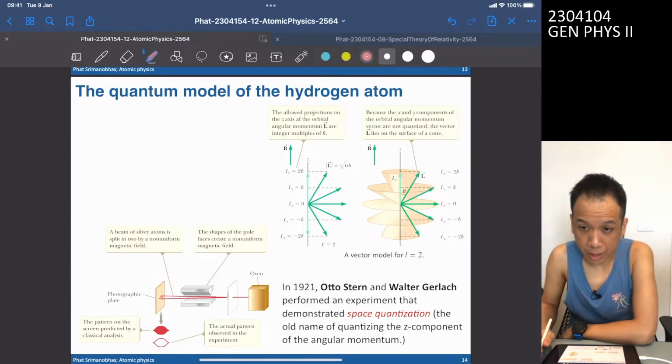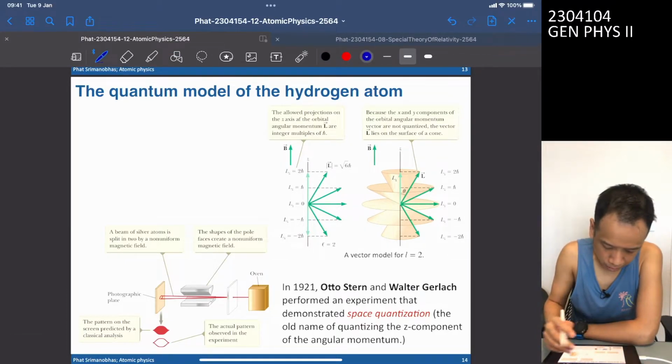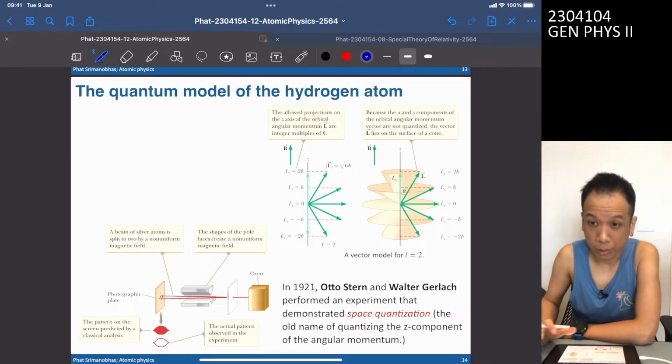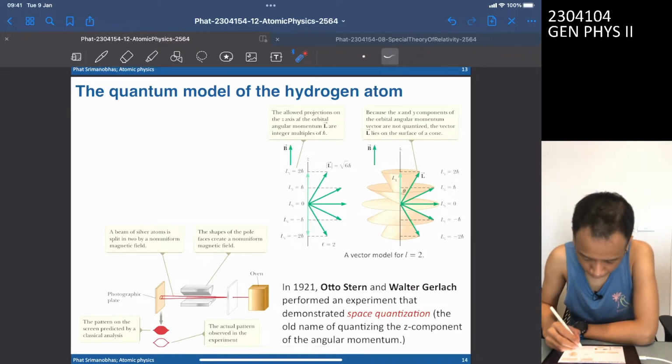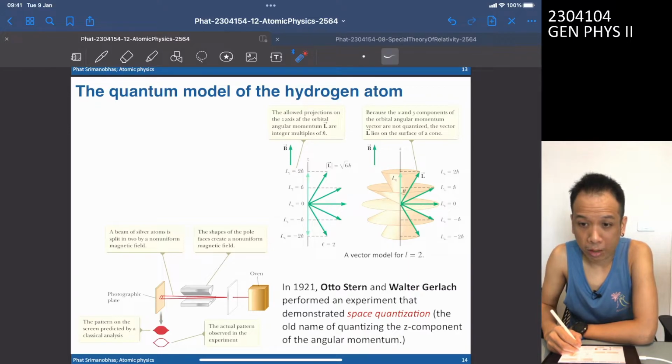So this is how you draw the model. You have the B field, and then you have the orbital angular momentum L. What we say is that the projection of L to the B field direction is discrete.